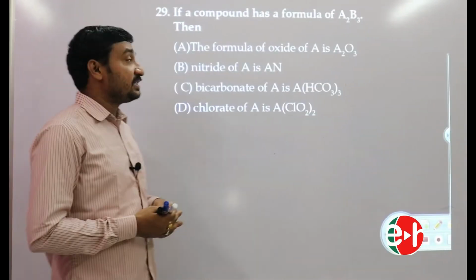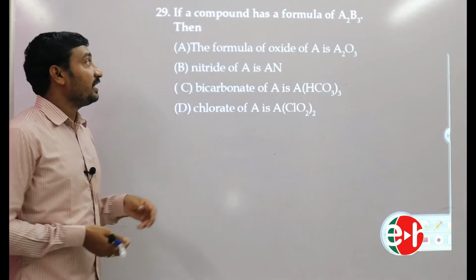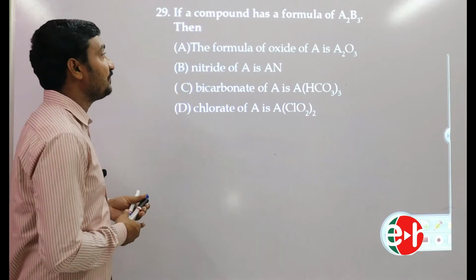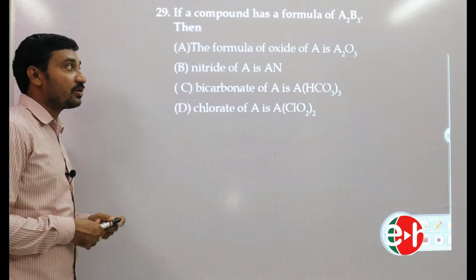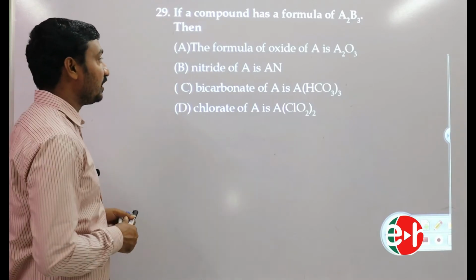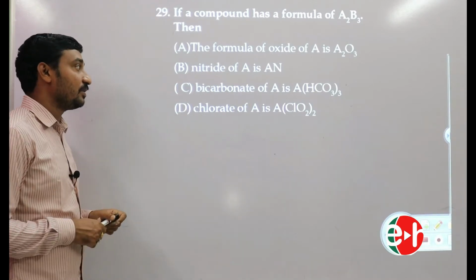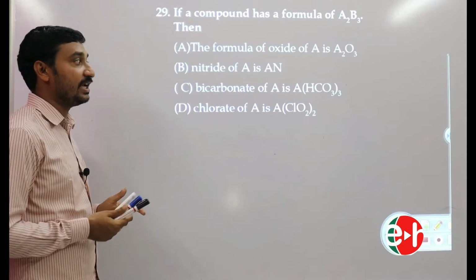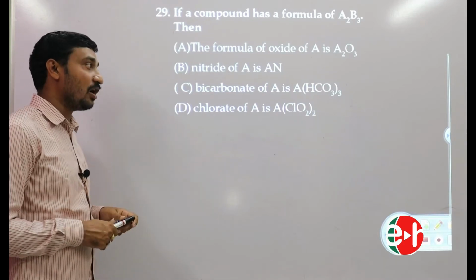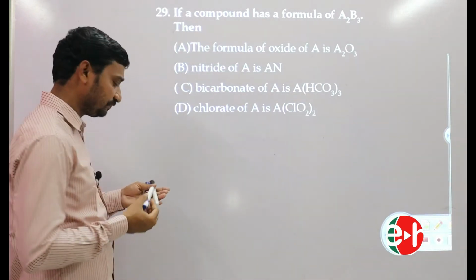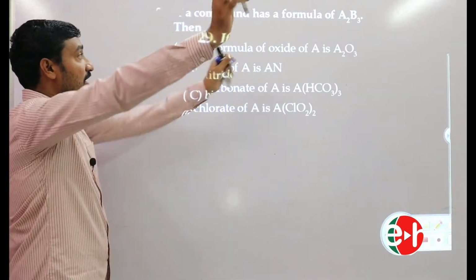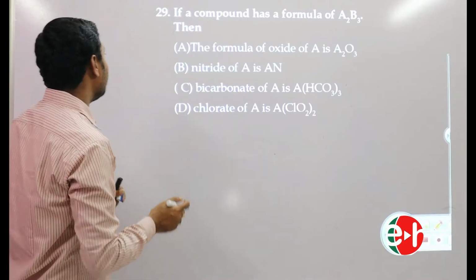Okay now? Next. See this question. If a compound has a formula of A2B3, then the formula of oxide of A is A2O3, nitrate of A is AN, bicarbonate of A is A(HCO3)3, chlorate of A is A(ClO2)2. Here, given formula what?